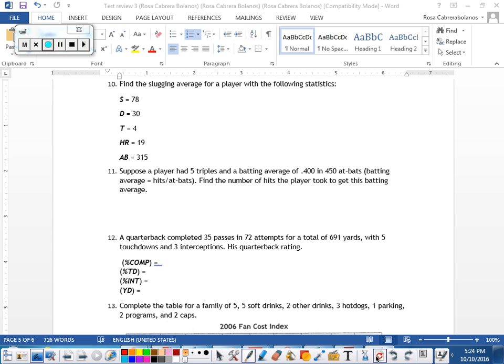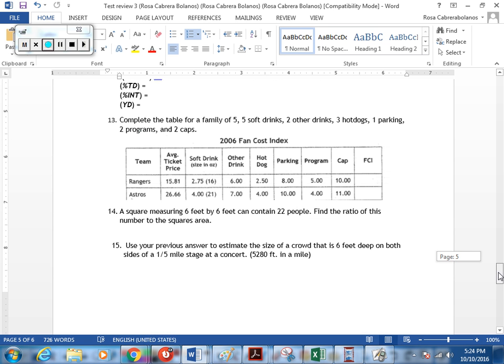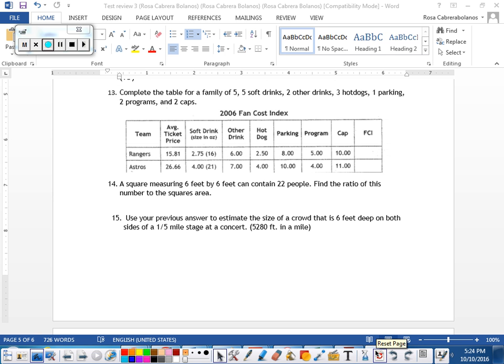And let's go on to the next one. Number 13 says complete the table for a family of 5 soft drinks and all of that stuff. Just pretend like you're going to a store and you're trying to figure out how much you're going to pay. So you're going to get 5 tickets, 5 soft drinks, 2 other drinks, 3 hot dogs, 1 parking, 2 programs, and 2 caps.